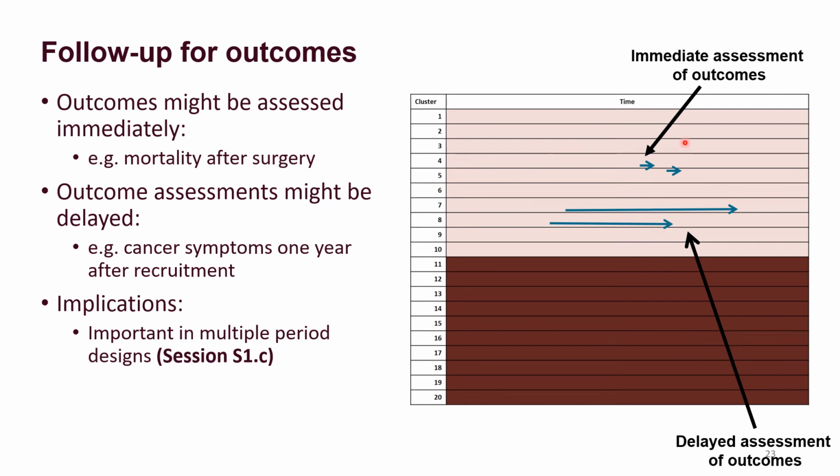Now, when we represent our parallel cluster design in this longitudinal format, we start to see there may be implications in how we assess these outcomes. And this becomes quite important in multiple period designs, which we're going to think about in a couple of sessions.